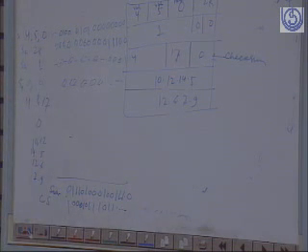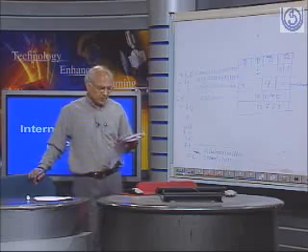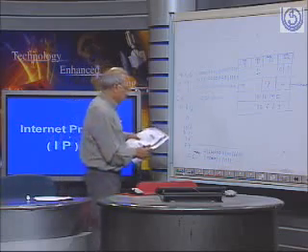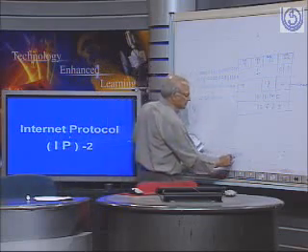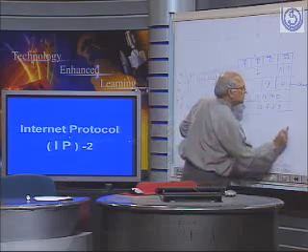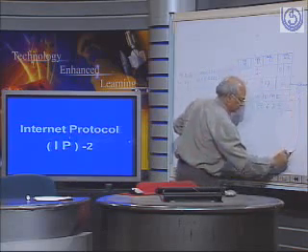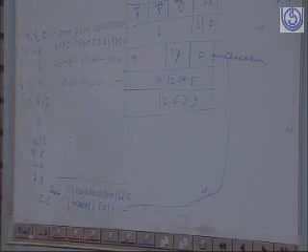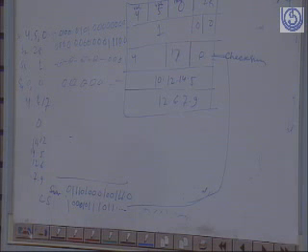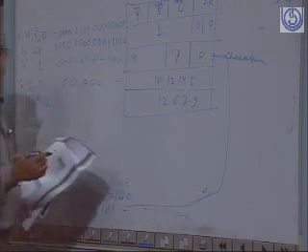So I am taking the one's complement of all these things. Now where will this value be inserted? This value will be inserted here, and now this will be sent after inserting the checksum value.